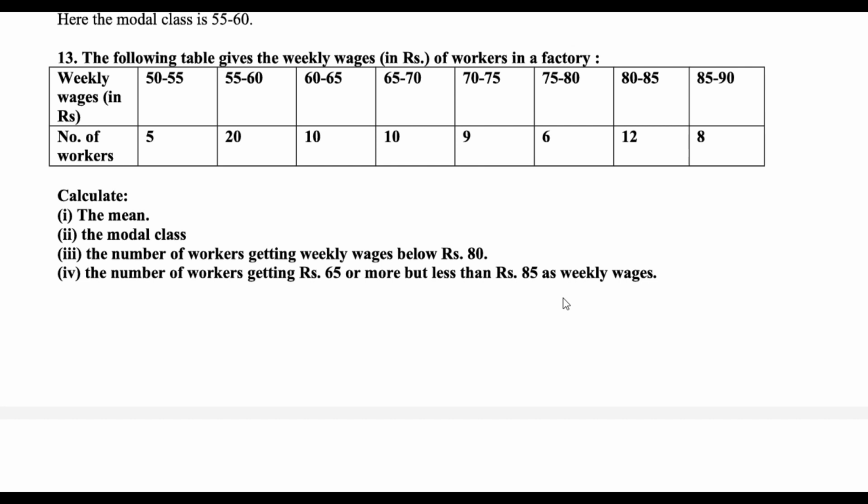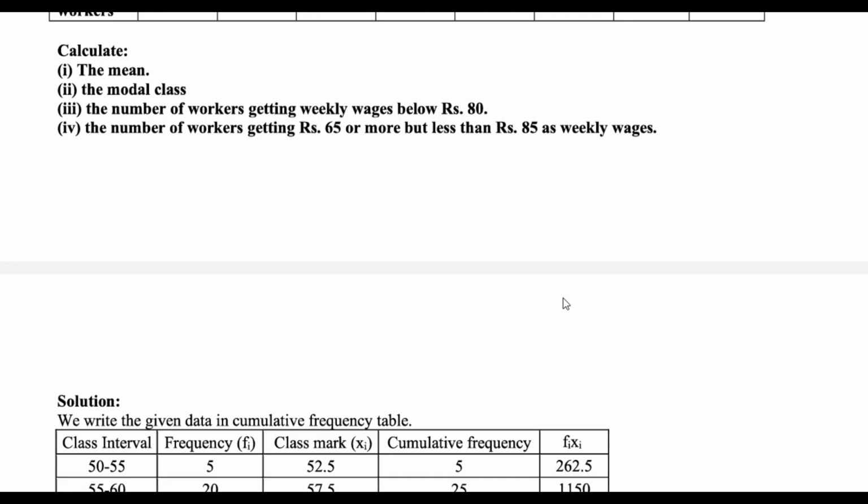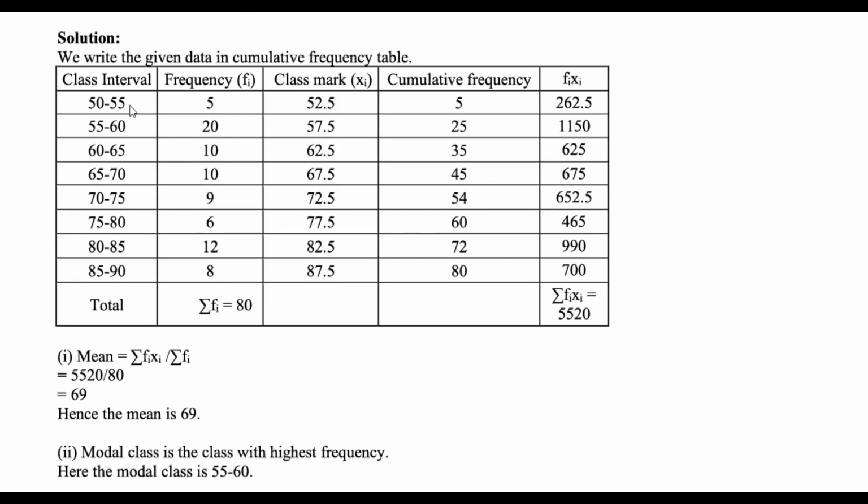So how to solve these types of problems? First, as you know, the class interval, copy and paste, frequency, copy and paste, class mark, lower plus upper divided by 2, and cumulative frequency, how to make it, you know.